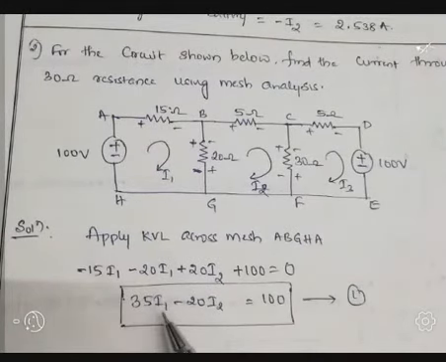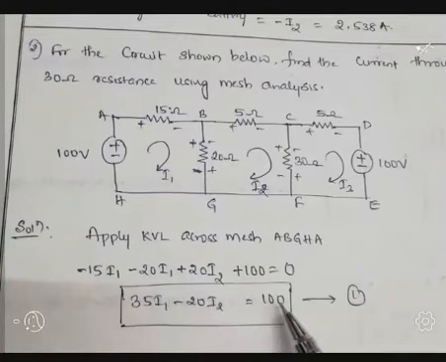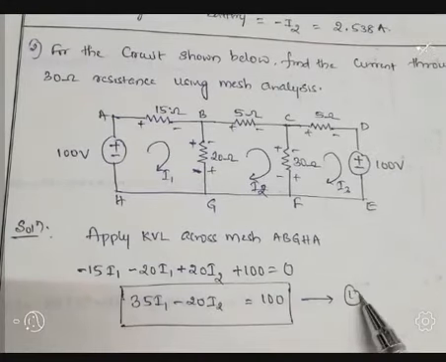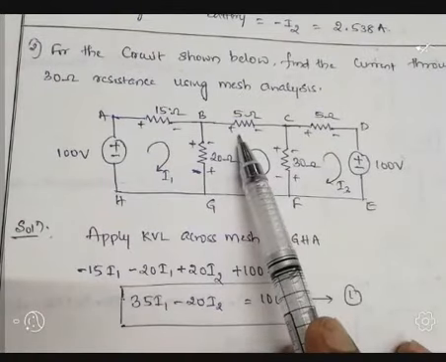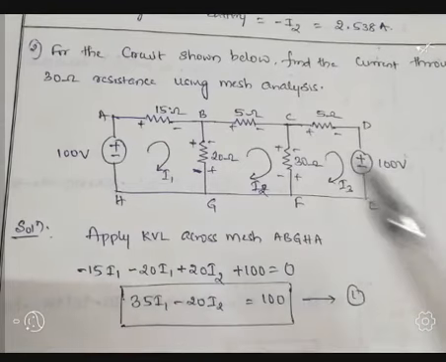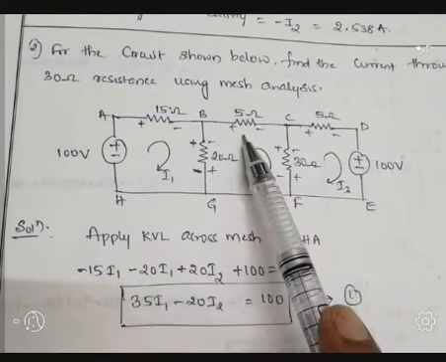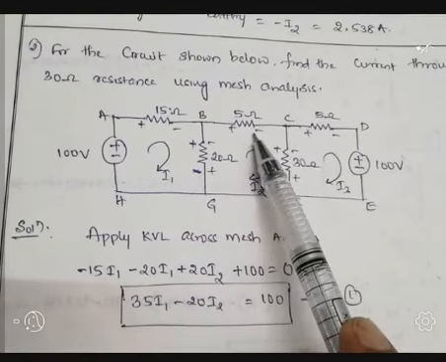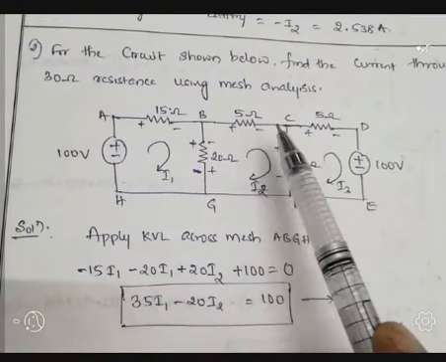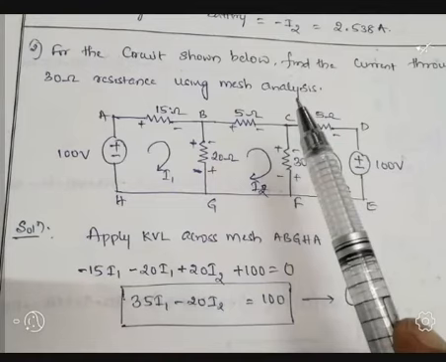35I1 minus 20I2 is equal to 100. Let us represent it as equation number 1. Similarly, the second loop. Anybody tell me the second loop? Minus 5I2.